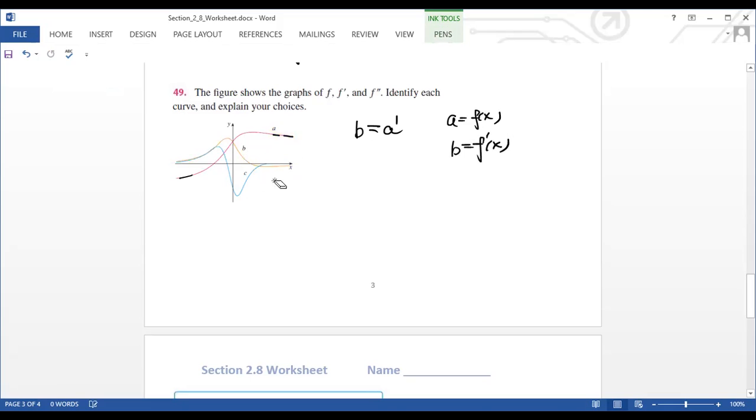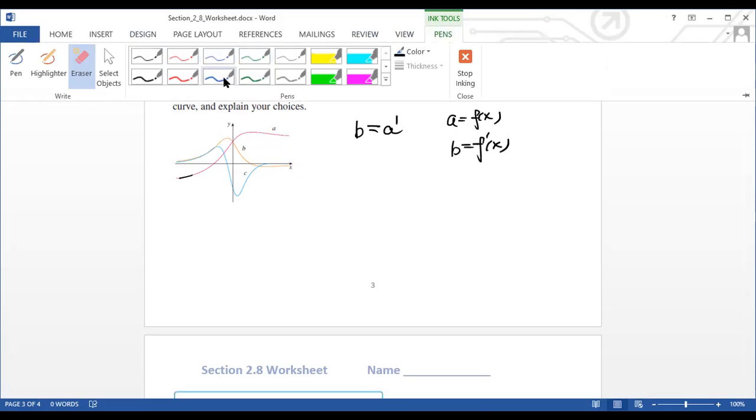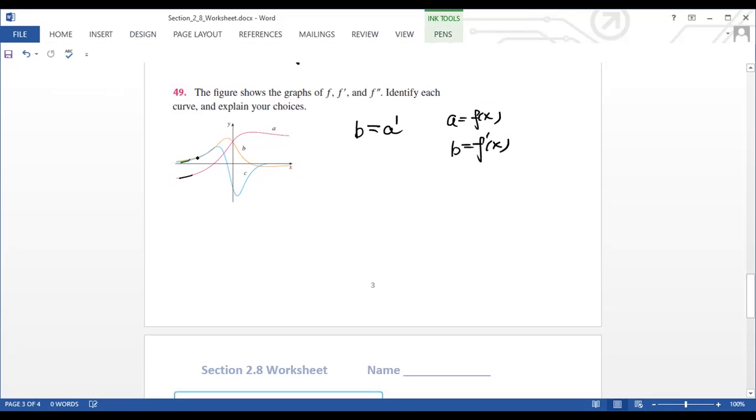Right now we are looking at B. This is the tangent line. B is going to hit the flat spot here, then go down, down, down. When it hits the flat spot, that means its derivative is going to hit zero. So which one is going to hit zero? That's pretty good, right? C hits zero.